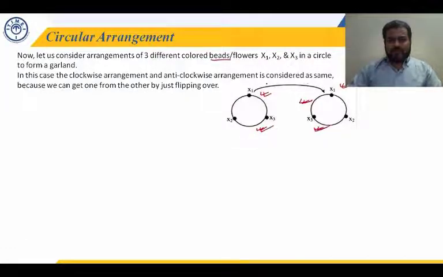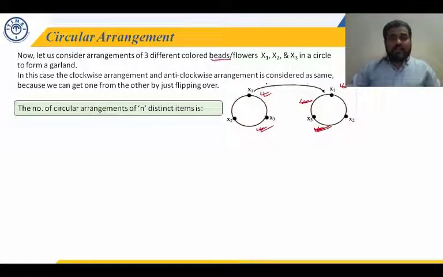So in this case, the number of circular arrangements will have to be divided by 2 because the clockwise and anti-clockwise arrangements will be the same.